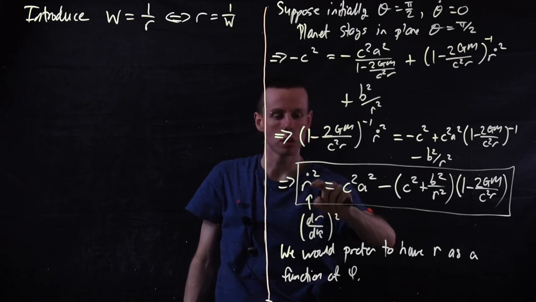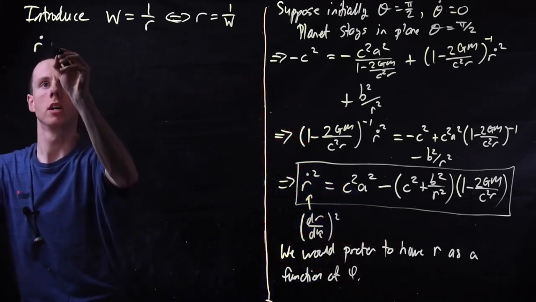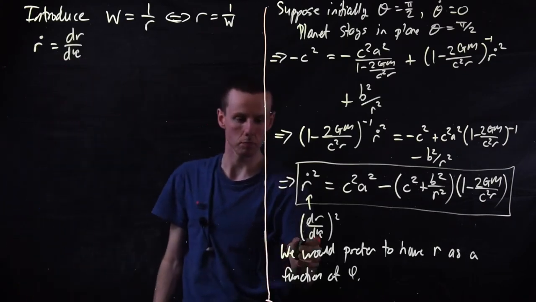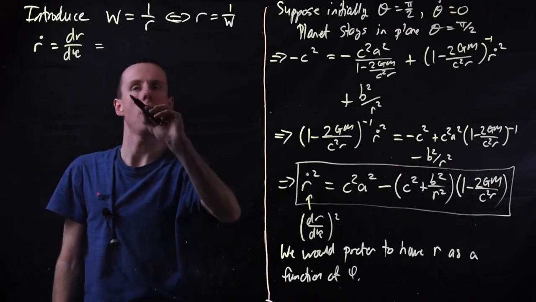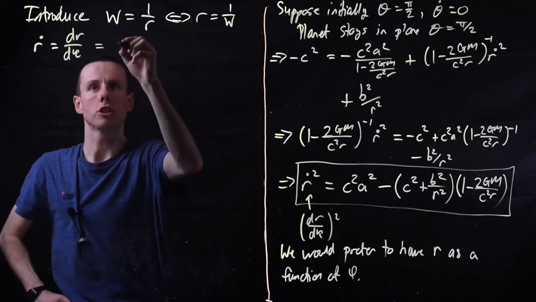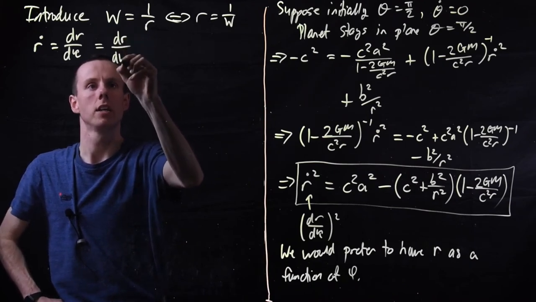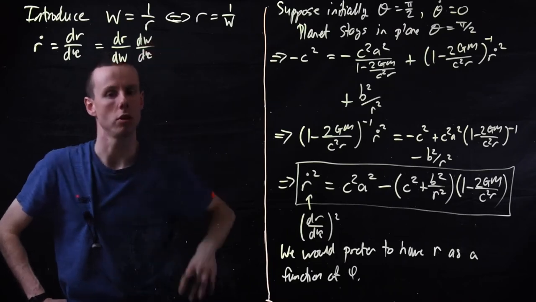Okay, so r dot, what's that? We need r dot. That's just dr by d tau, but we can use the chain rule. So r is a function of w, and we can have dr by dw times dw by d tau.